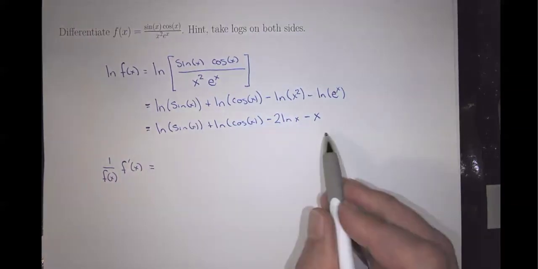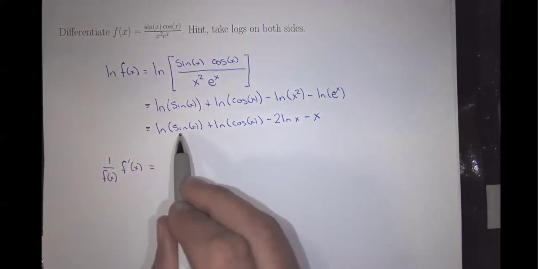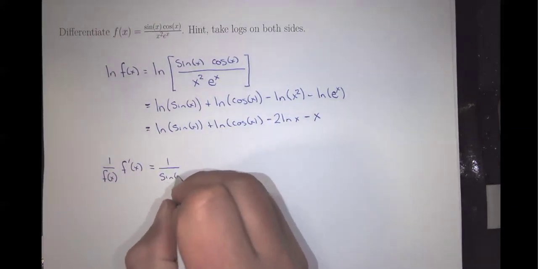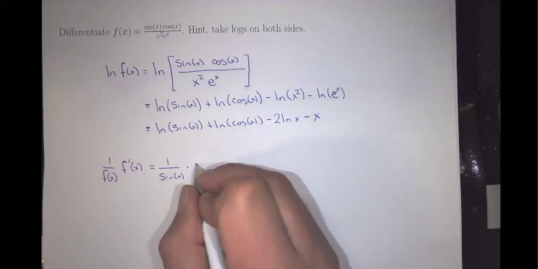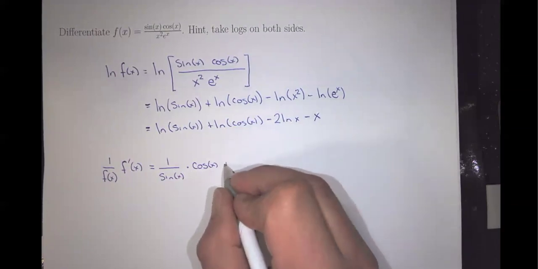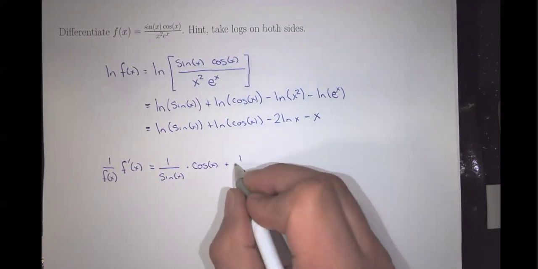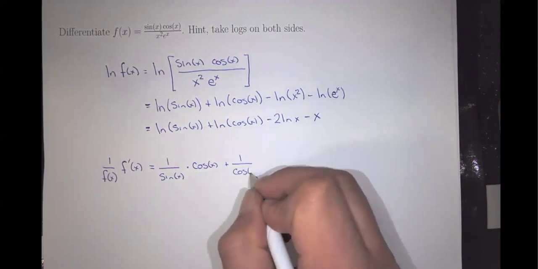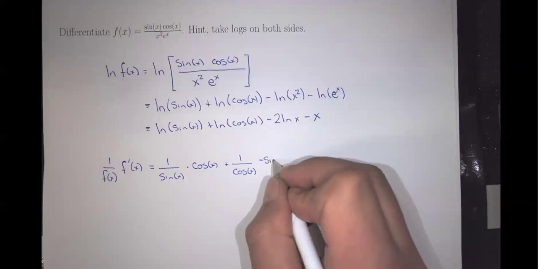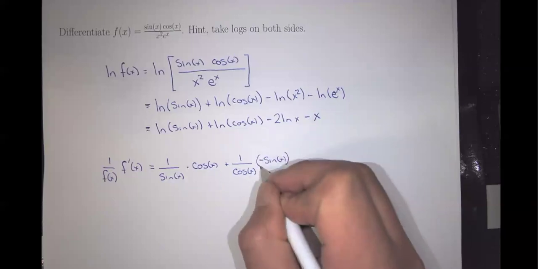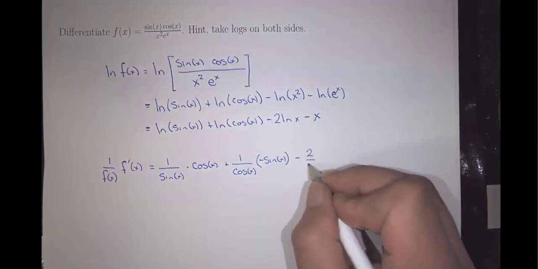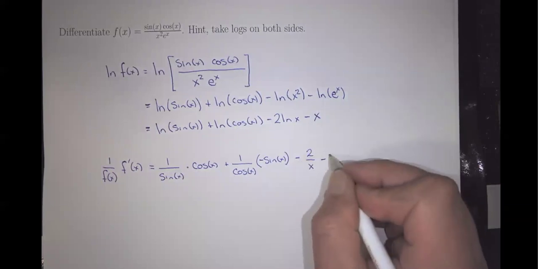The derivative of the right side here, derivative of log of sine x, is 1 over sine of x times derivative of sine x, which is cosine x, plus 1 over cosine x, derivative of cosine is negative sine of x. Derivative of 2 log x is 2 over x, and the derivative of negative x is negative 1.